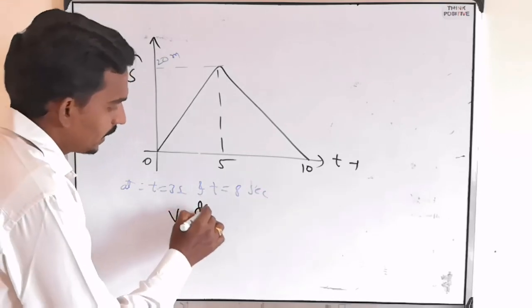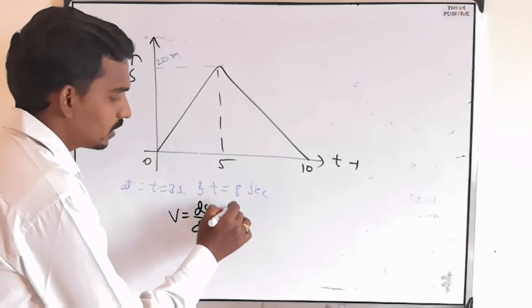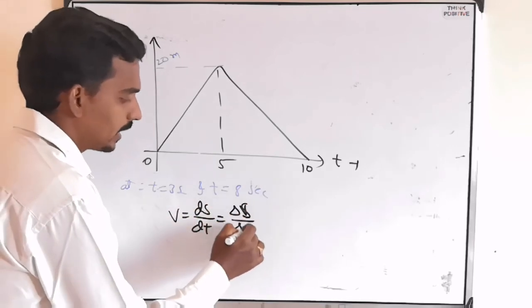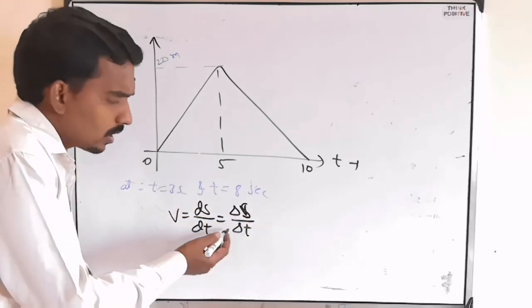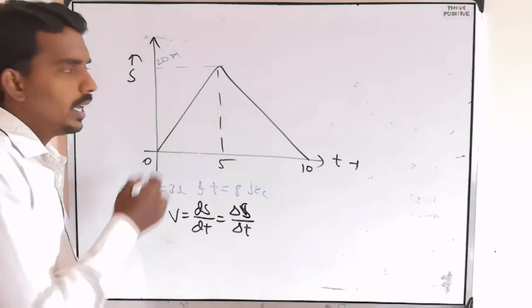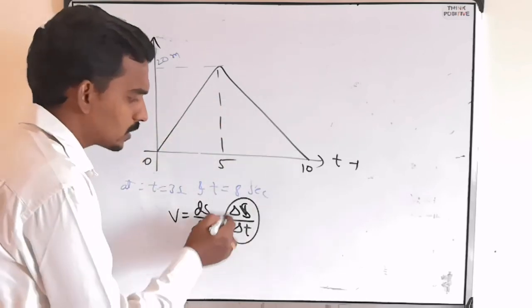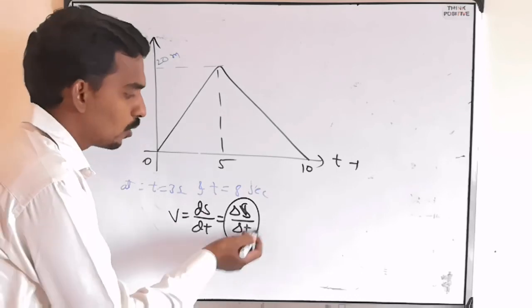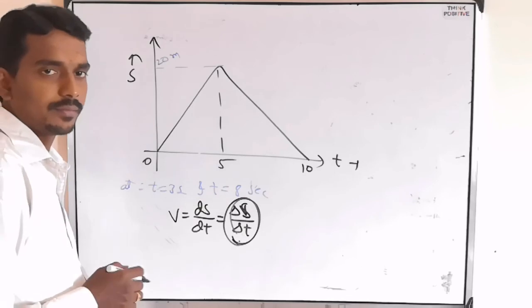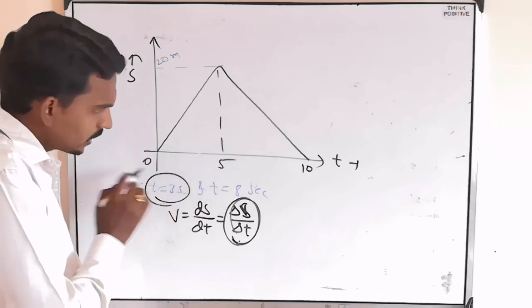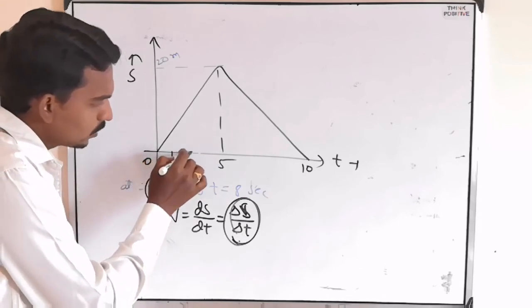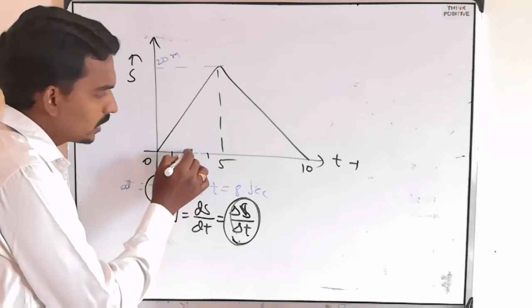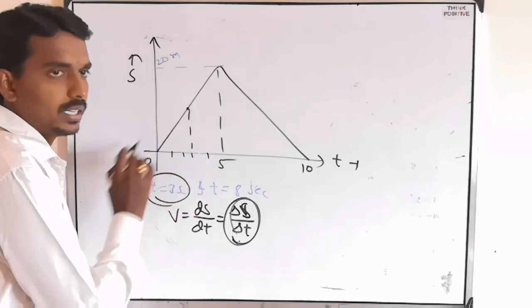Velocity means what? ds by dt, or else delta s by delta t. Nothing but what? Slope of the graph. Here a straight line is there, so delta s by delta t. So velocity you can find from slope of the s-t graph. Now at t equal to 3 seconds: 0, 1, 2, 3, 4, 5. So 3 seconds means here.